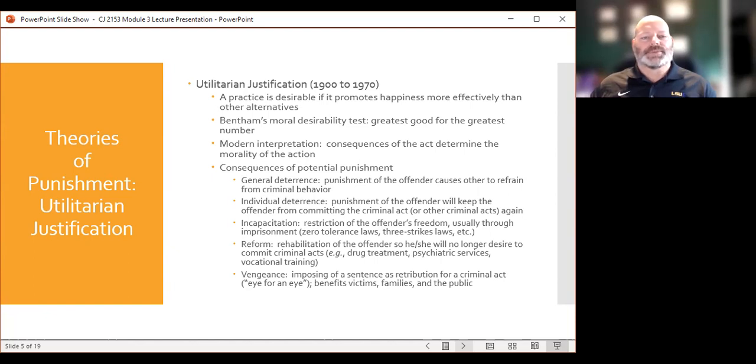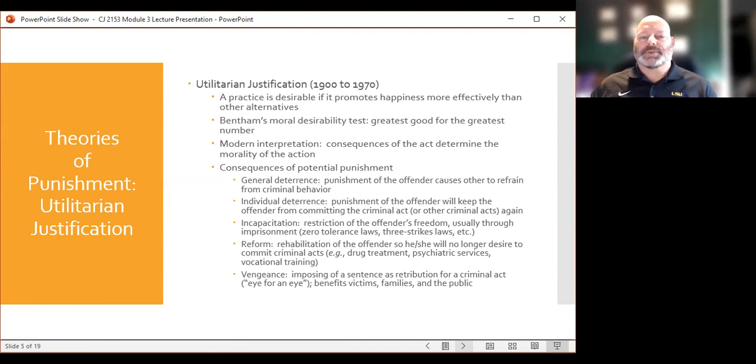A practice is desirable under this justification if it promotes happiness more effectively than other alternatives. You go back to Jeremy Bentham's moral desirability test. What is the greatest good for the greatest number of people? The modern interpretation of the utilitarian justification is that the consequences of the act determine the morality of the action.